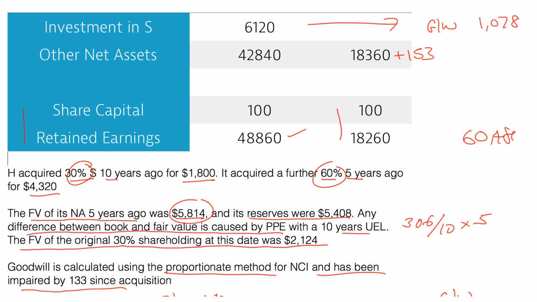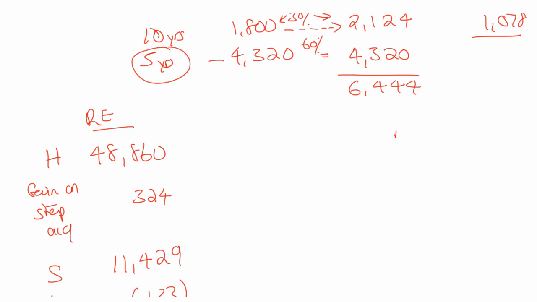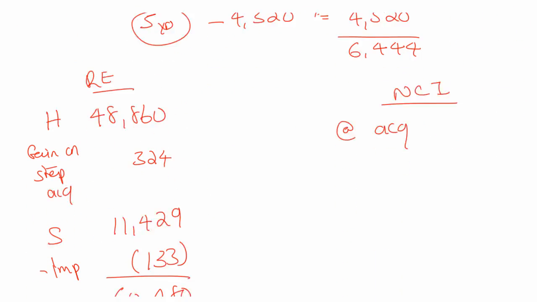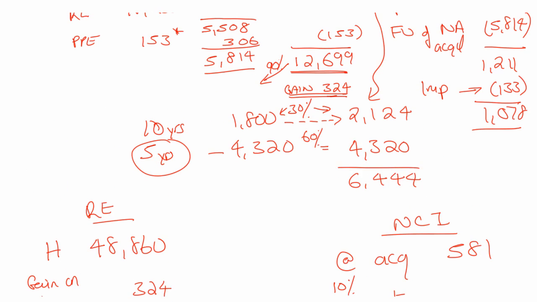I'm missing now NCI, so let's go and do my NCI. Should be relatively straightforward. At acquisition, same figure as I used for my goodwill, 581. Plus post acquisition, so I need to go to my post acquisition column. Okay, and it's going to be 10% of whatever's in my post acquisition. Yeah, so there's the other 10%.